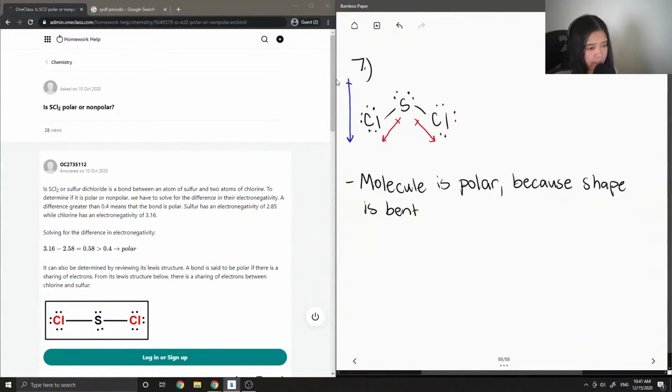So we can see that it's bent because the central sulfur atom has these 2 lone pairs, causing it not to be symmetrical, so the chlorines don't cancel each other out. So it is bent from the lone pairs on sulfur.